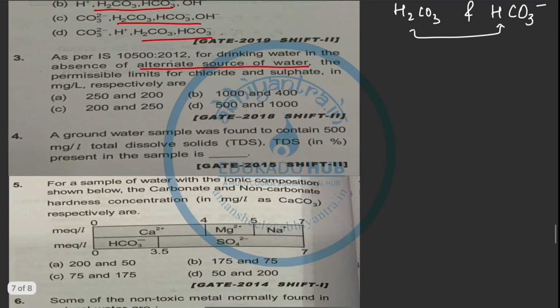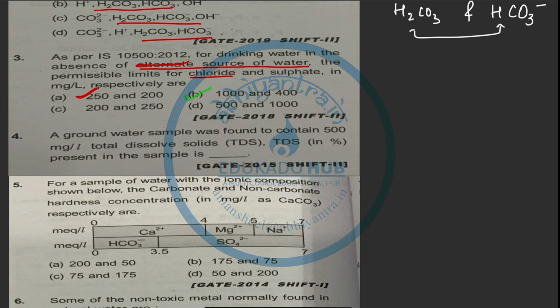If we read the question lightly and we miss this word alternate source of water, then our marks will be in negative. Why? They have given options 250 and 200 as well. 250 is chloride limit and 200 is sulfate's limit. But no, it is about alternate source, so it is 1000 and 400. So this is answer number 3.